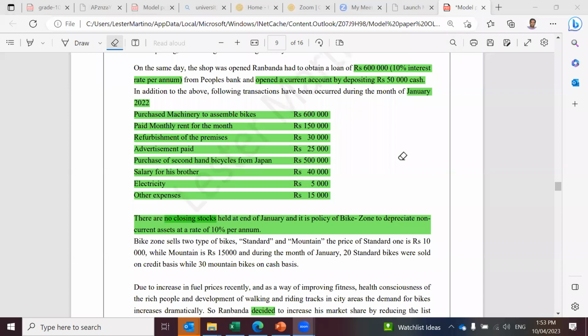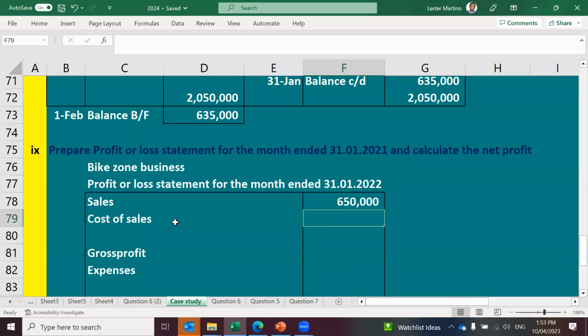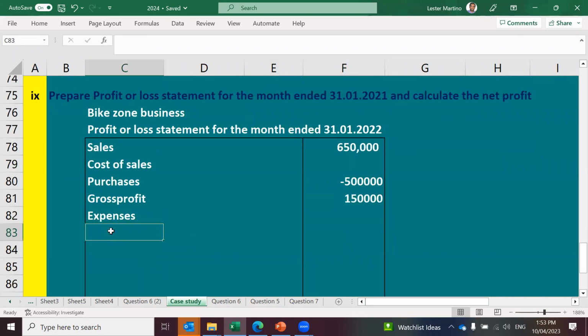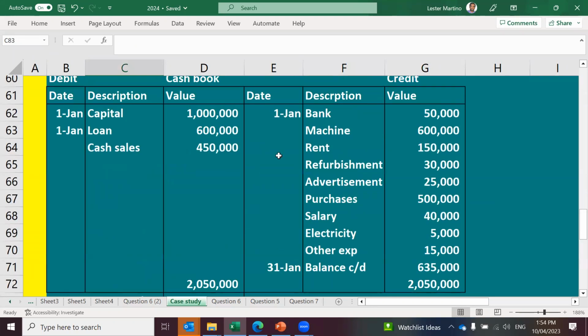So purchase is 500,000. So the gross profit is 150. And you record all these expenses. So you'll just copy everything in here.